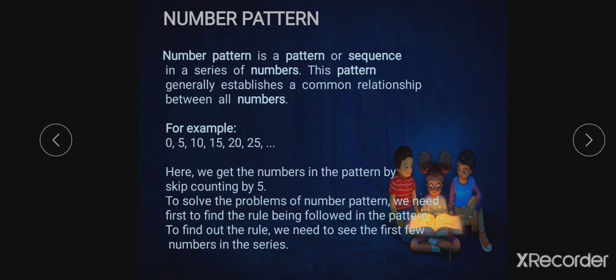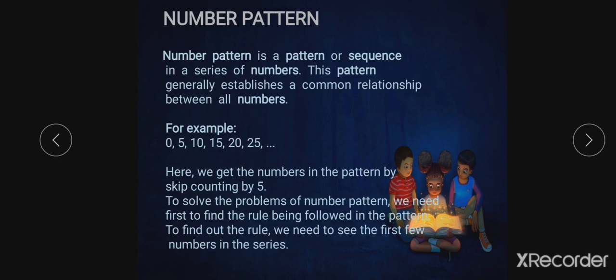Number pattern is a pattern or sequence in a series of numbers. This pattern generally establishes a common relationship between all the numbers. For example, if you can see the pattern over here, 0, 5, 10, 15, 20 and 25 is given.